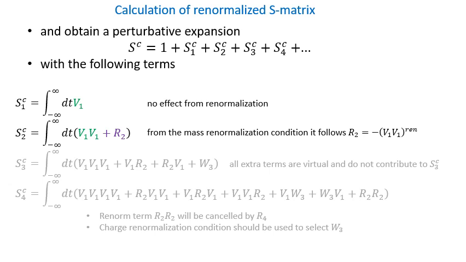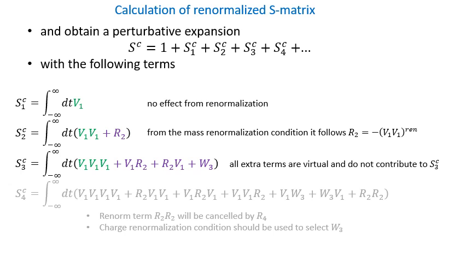In the second order, we see the appearance of the renorm counterterm R2. Our mass renormalization condition requires the absence of renorm terms in the S matrix. So we conclude that R2 should be exactly opposite to the renorm part of the product V1, V1.